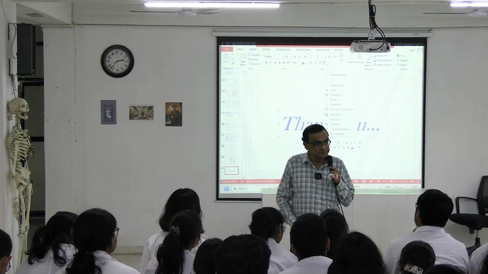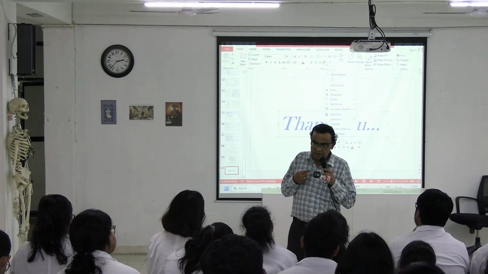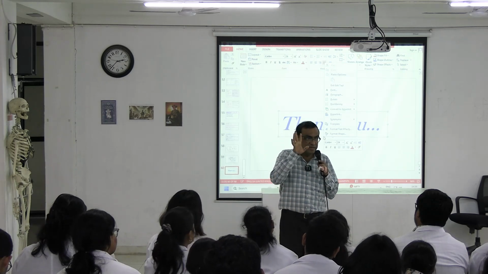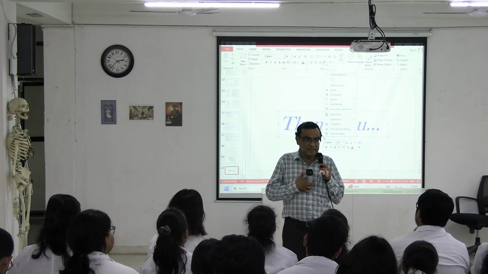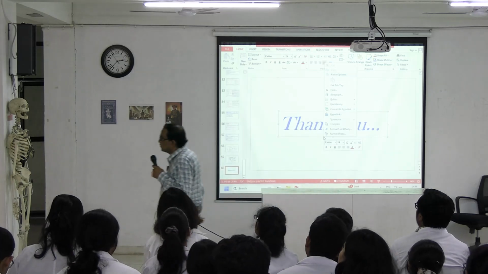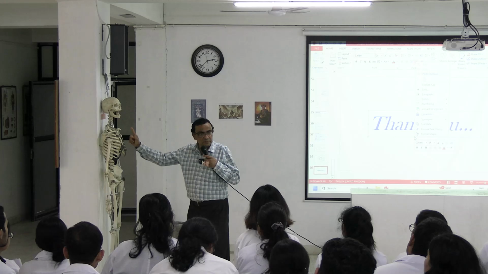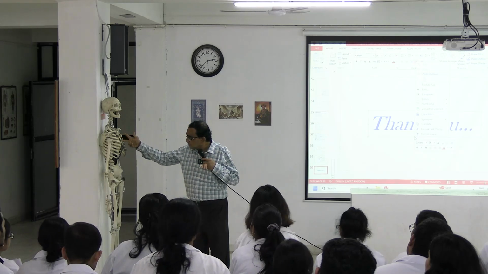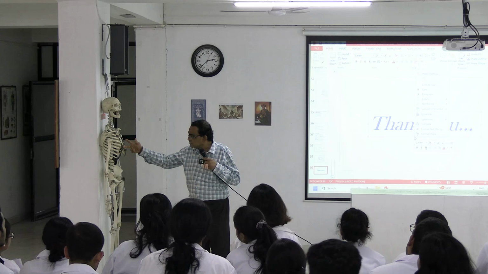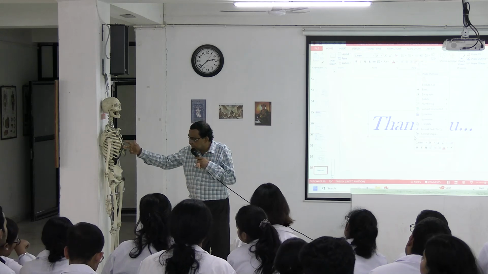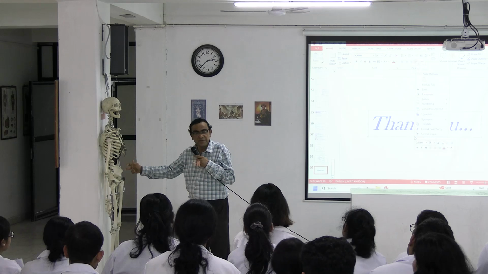Okay, and superior epigastric is nothing but, you have seen the internal thoracic artery or internal mammary artery, which runs just by the side of the sternum, and actually at the sixth space it is divided into musculophrenic and superior epigastric.